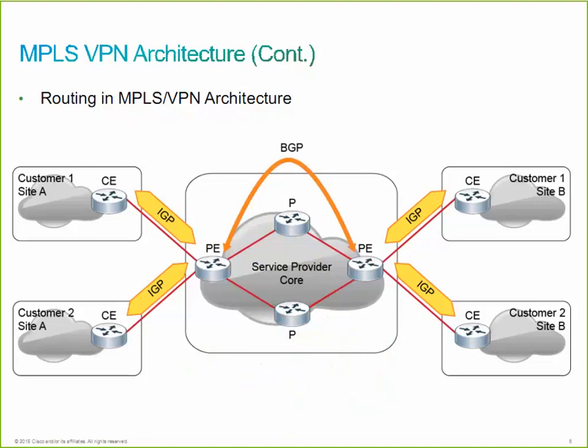Now the customer has to push all of their routes that are going to be accessible at the other customer sites from the CE router to the PE router. And the customer is actually responsible to implement whatever routing protocol is required to accomplish this goal, right? Usually the provider is going to be identifying to the customer what protocol to use and the parameters that are going to be used for exchanging routes between those routers.